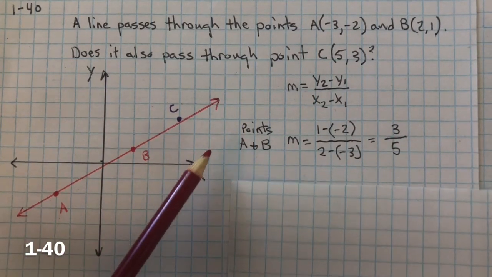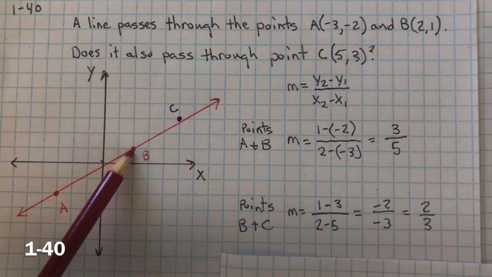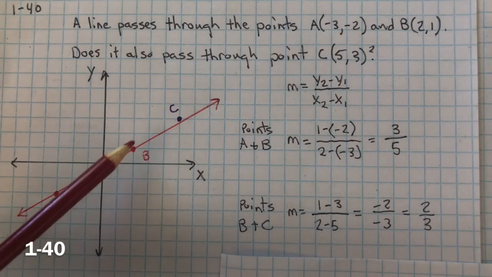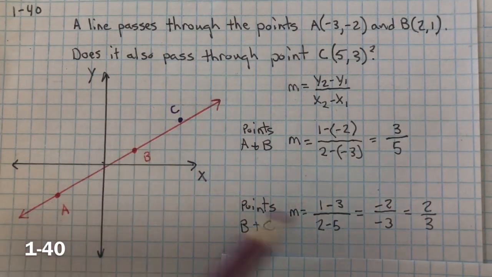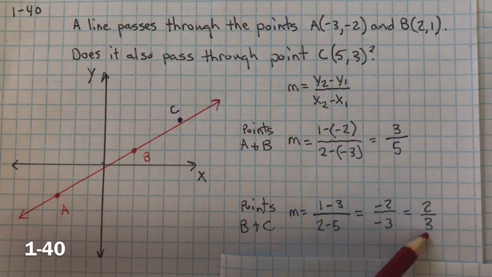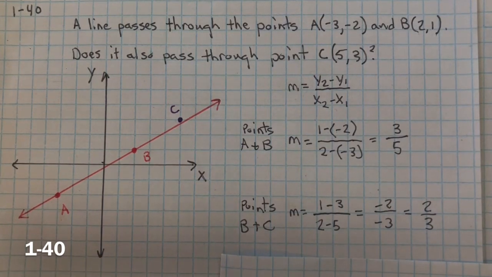Then you would do that for points B to C, and you can see that the slope, or rate of change, from B to C is 2/3. Since these two do not match, they are not on the same line.